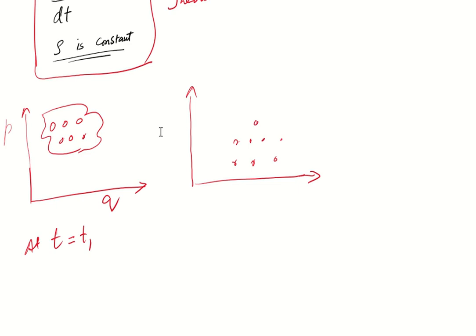But whatever their location may be in this phase space, their density, that is the number of points per unit volume, or per unit hypervolume, in phase space, will remain the same at time t equals t2.